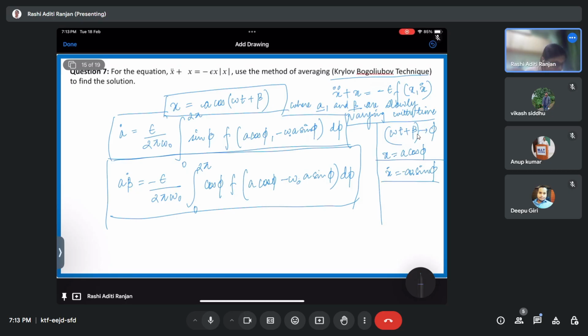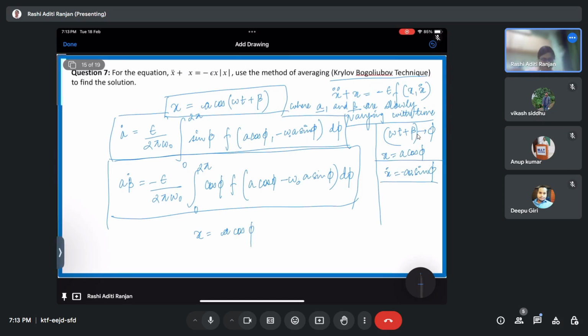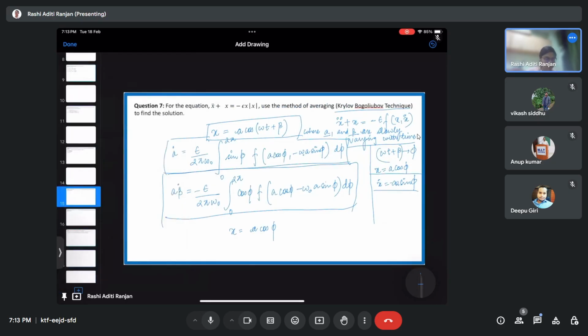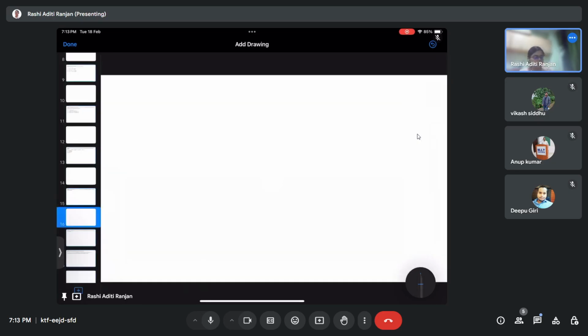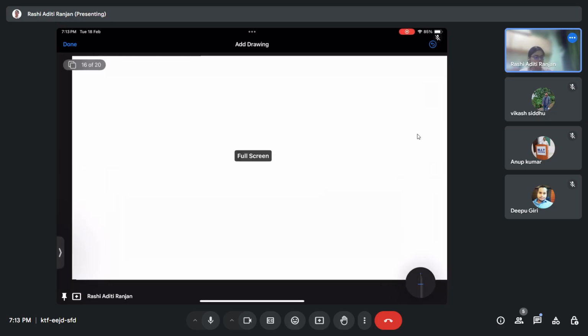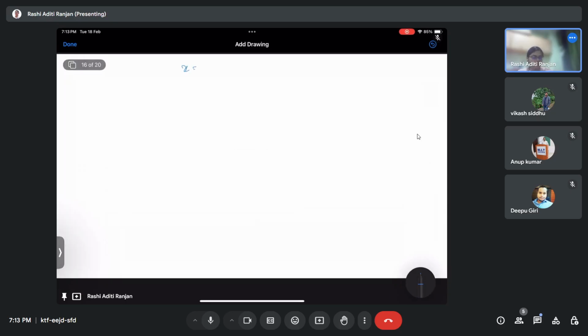x is nothing but a cos phi. Okay, let me open the other page. Now a is positive because it is amplitude. So I have cos phi.